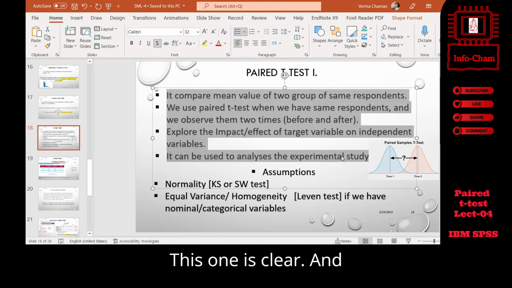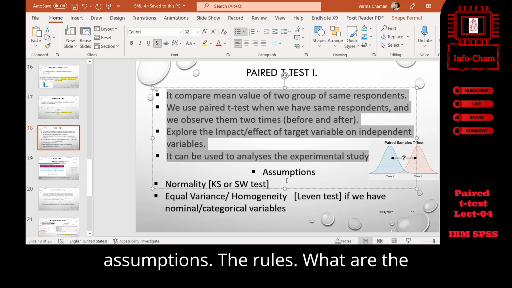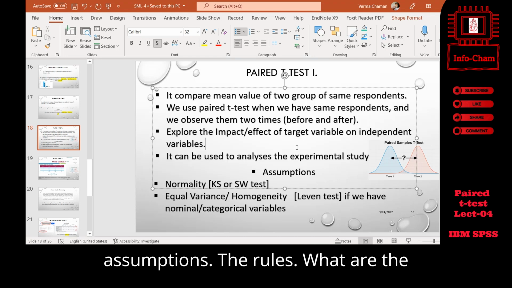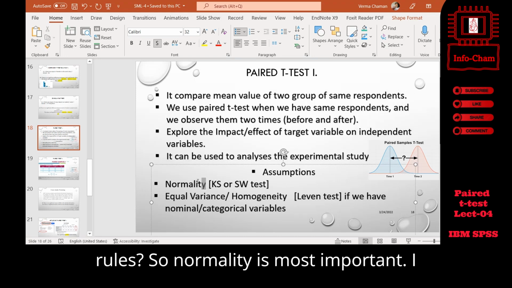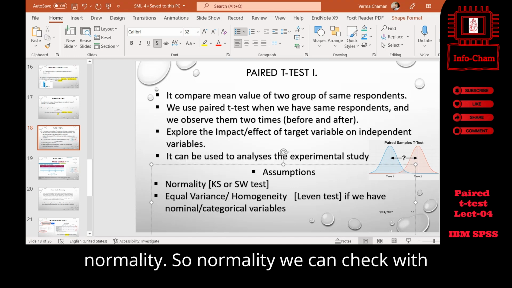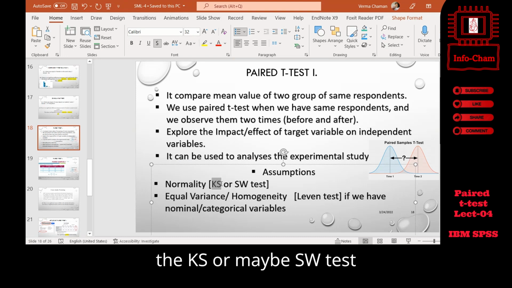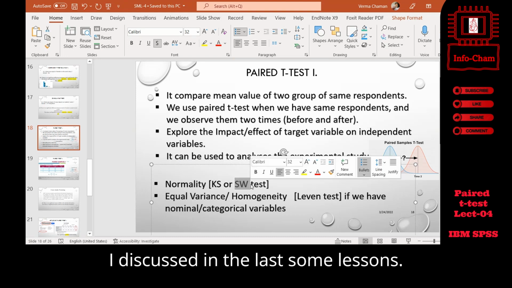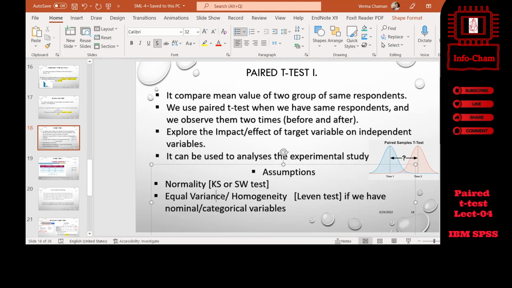This one is clear. And assumptions. The rules. What are the rules? Normality is most important. I think you are very familiar with normality. We can check normality with the KS or maybe SW test. I discussed it in the last few lessons.